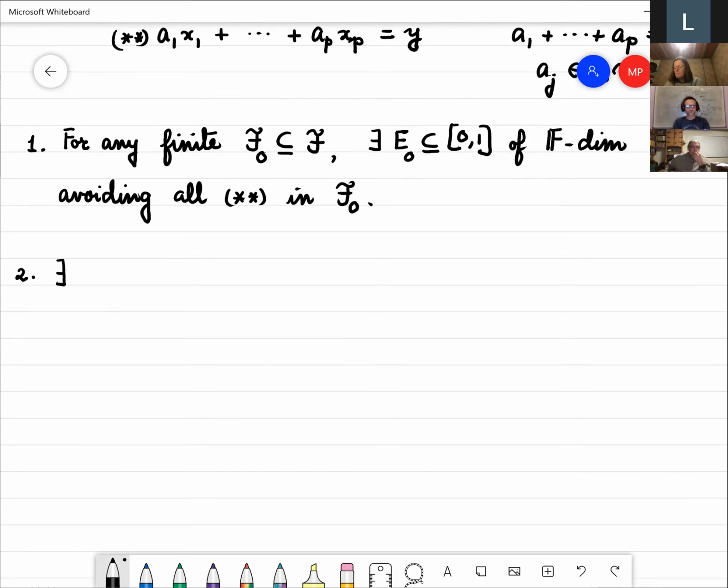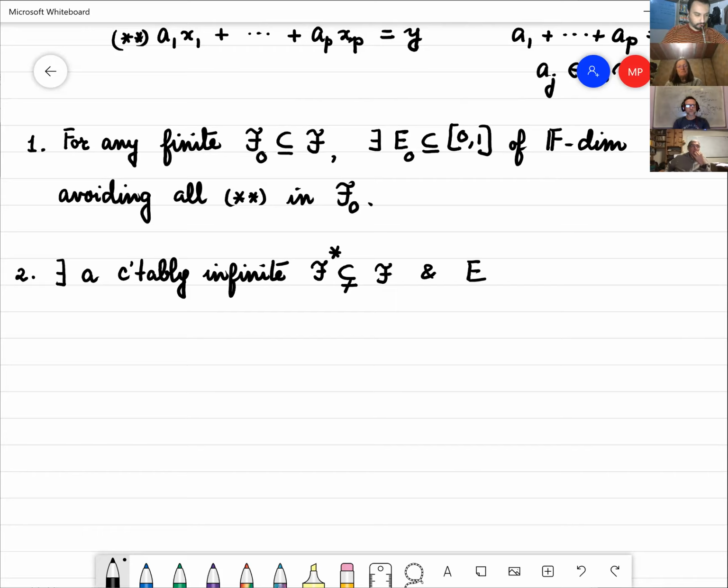So there exists a countably infinite F star contained in F and E star, a compact subset of 0, 1, also of full Fourier dimension, avoiding all double star in F star.